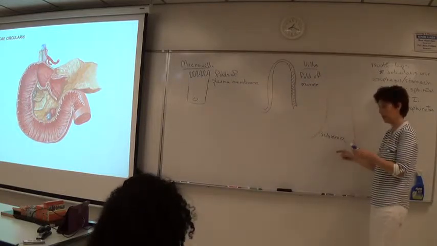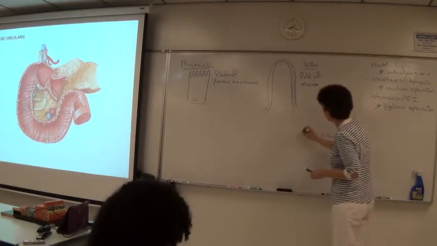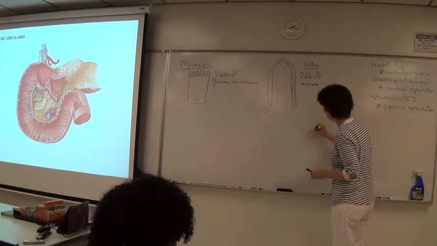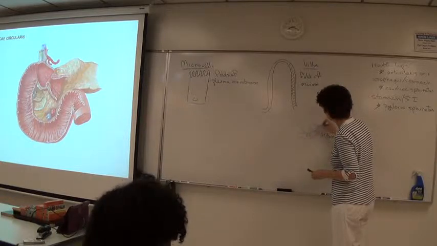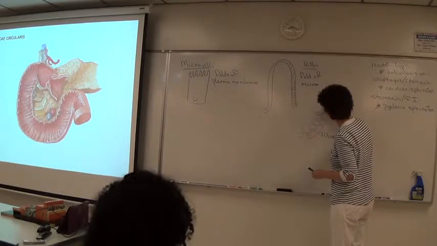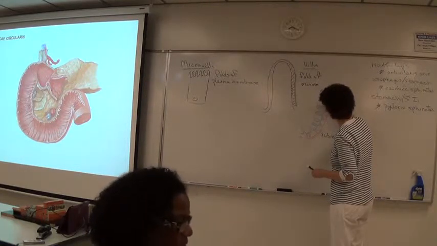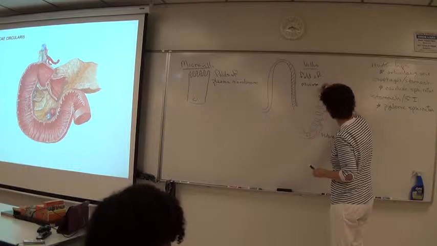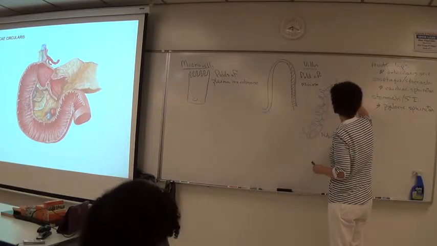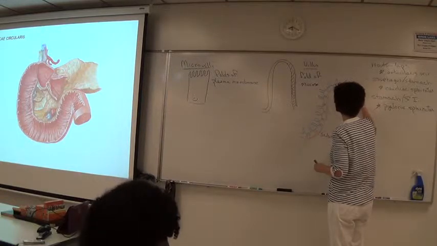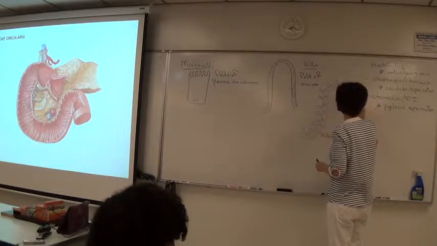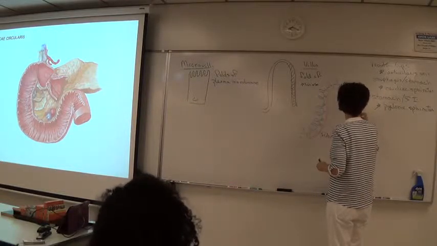So this is a fold of submucosa, and then on its surface we have our villi and intestinal glands. So now we can have even more villi by taking our fold of submucosa and there would be more than one gland. I'm just trying to hurry things along here.